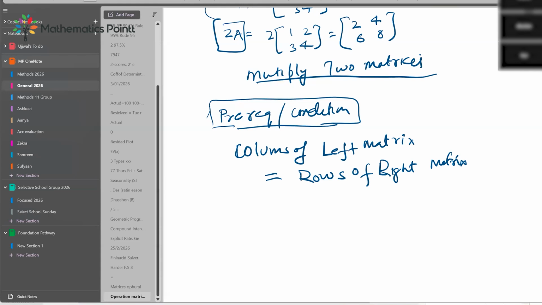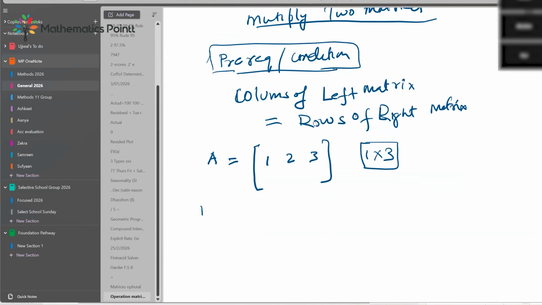Let us say I have two matrices. Matrix A is 1, 2, 3. The order of this matrix is one row and three columns, 1 cross 3.